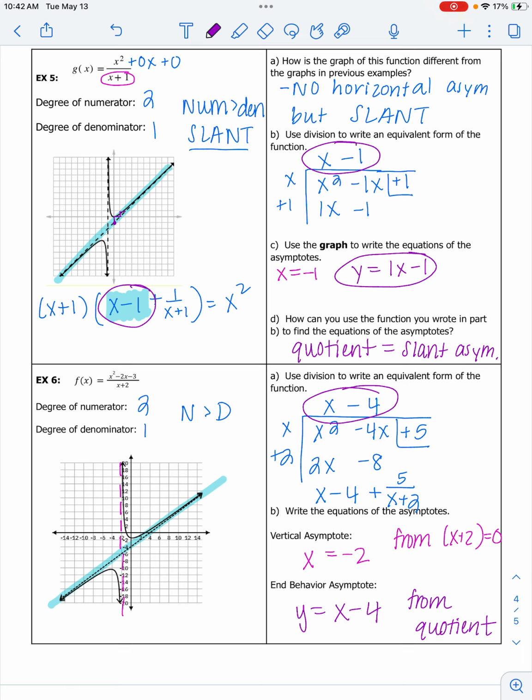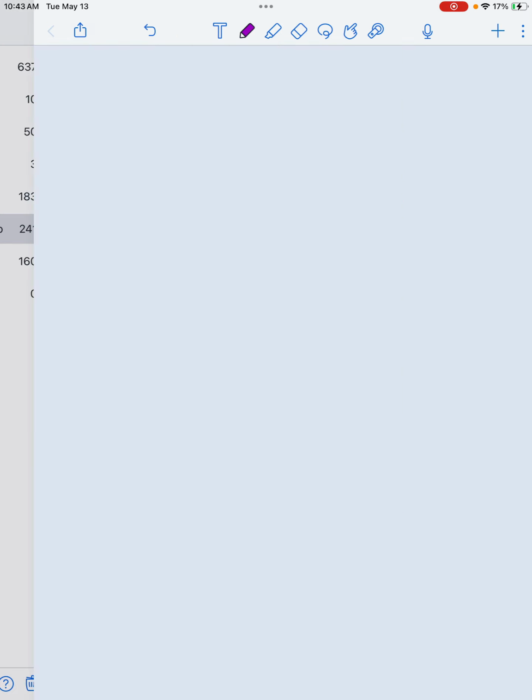So the x minus 4 is our quotient, and so that's the equation of the line that is on the diagonal. And that is going to happen every time the degree of our numerator is bigger than the degree in our denominator. So let's put that on our summary page.